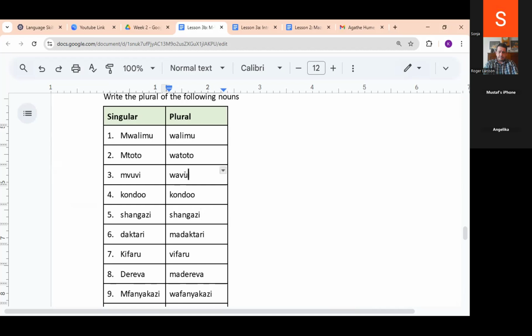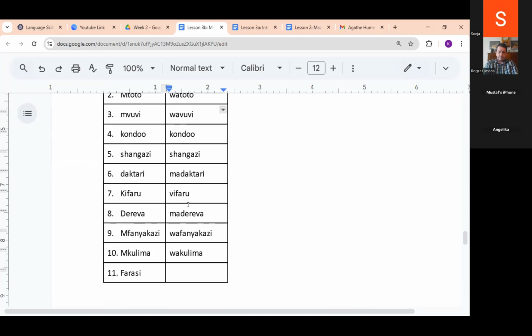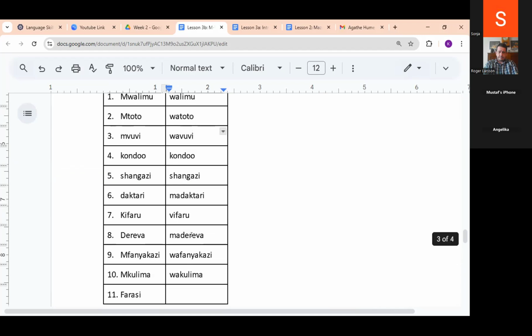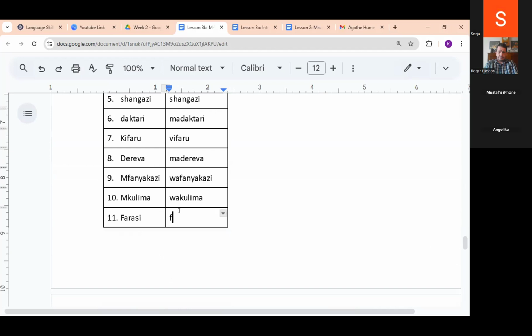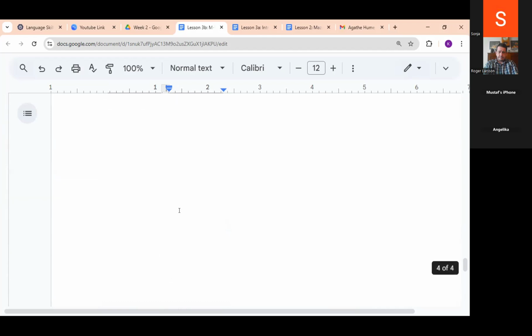This should be a typo. Wavuvi, sawa, the fishermen. Kondoo, kondoo, shangazi, shangazi, daktari, madaktari. Asante sana. Farasi will be farasi, it just remains farasi. Sawa sawa, vizuri.